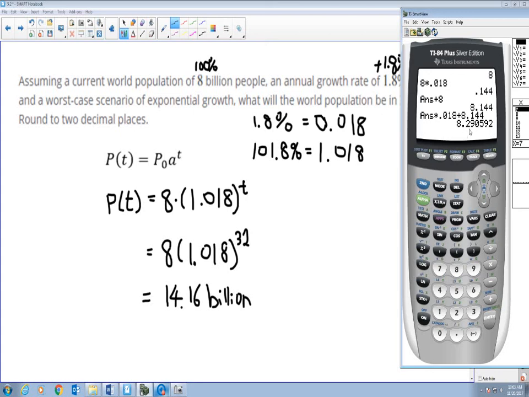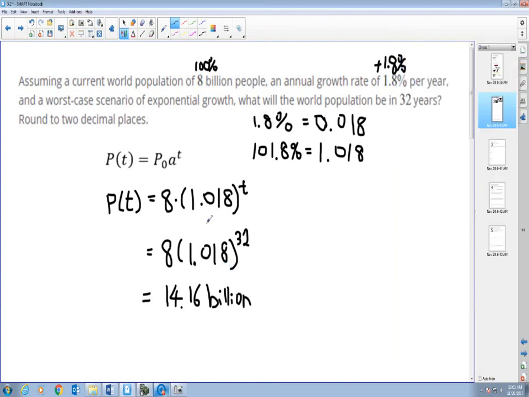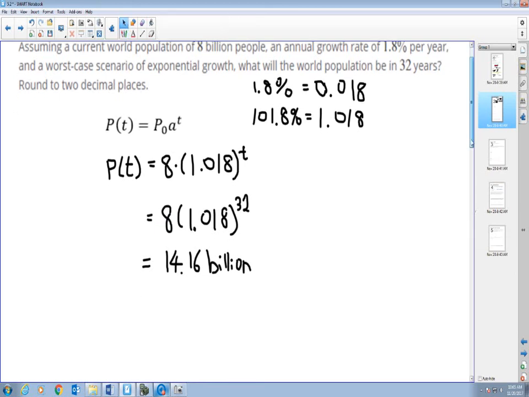So that computation accumulates itself. You have to do it 32 times. So it's easier just to compute with 100%. 100% of the 8 billion people will be taken into the growth percentage and use the 1.018 to compute the 8%. It's a different way of thinking about it. If you take 0.018 to the 32 power, that decimal is getting smaller and smaller and smaller. That's why it doesn't work without the 1 being in there.